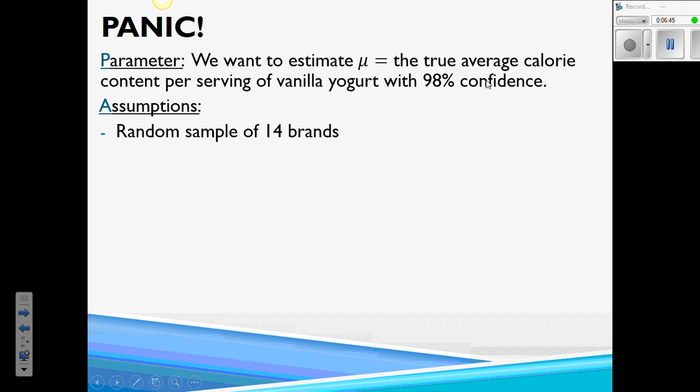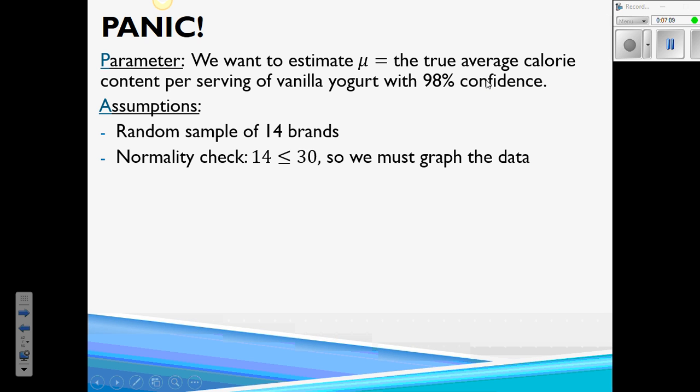There are probably not a lot more than 14 brands of different yogurt at the grocery store. That's why the sample size is a little low, because I don't think there are 50 brands that you can go and try. I guess you could, but that might be a little tedious. Okay, so that's a check.